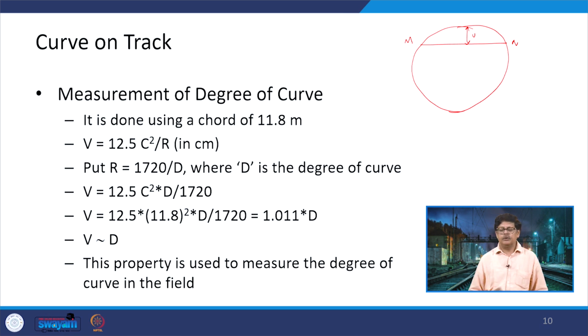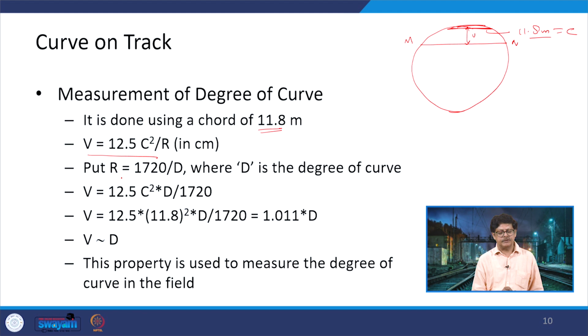Now, so as to find out the degree of the curve, we take a chord of 11.8 meters. So, if we take a chord of 11.8 meters, it means it will be somewhere here like this. So, this chord can be 11.8 meters. Now, if we have taken this 11.8 meters as chord, and this becomes equals to C, and we have an equation that V is equals to 12.5 C square divided by R in centimeters.